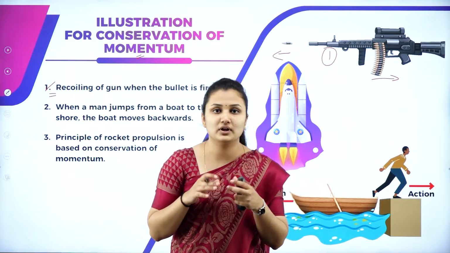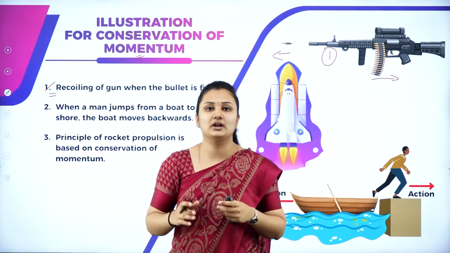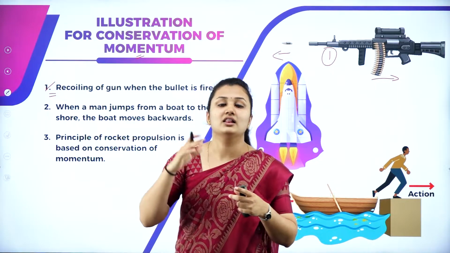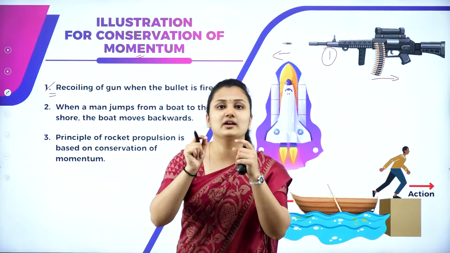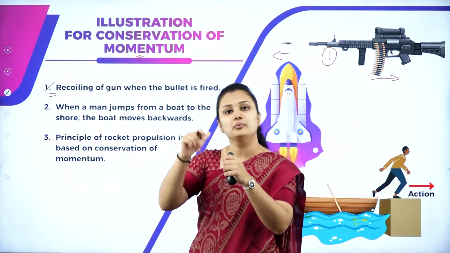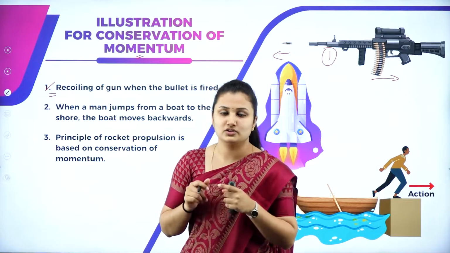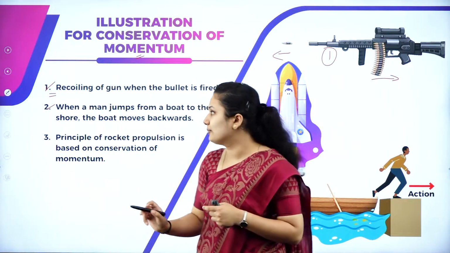Before the bullet is fired, the total momentum is zero. When you fire, the bullet acquires large momentum and moves forward, and with the same equal and opposite momentum the gun recoils. So this is the first example. What is the second example?